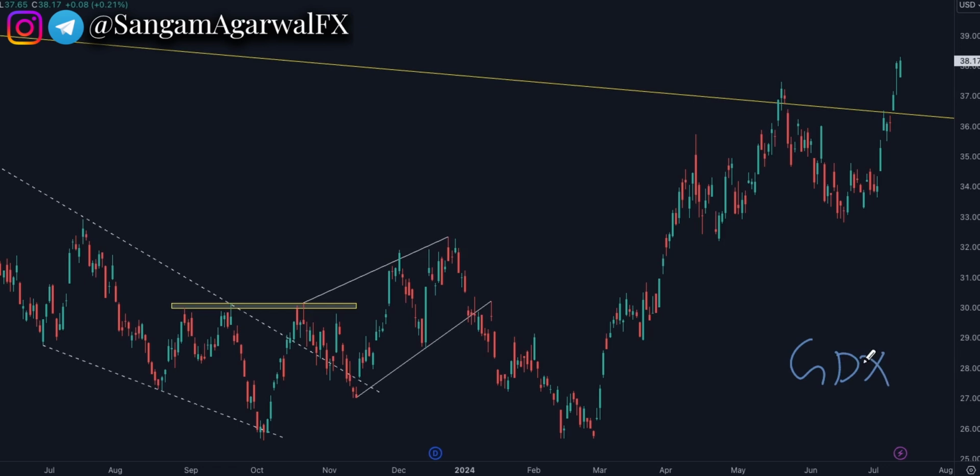Now the GDX daily chart. You can see on Friday GDX is flying and making a higher high, and gold did not break out of the range around 2400, but GDX made a new high instantly after the CPI news and again a new high on Friday. So you can say GDX is more overbought, more bullish than gold.